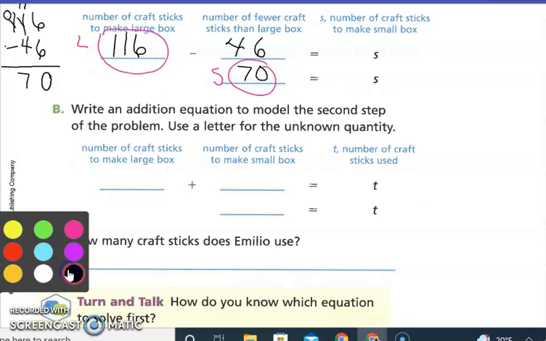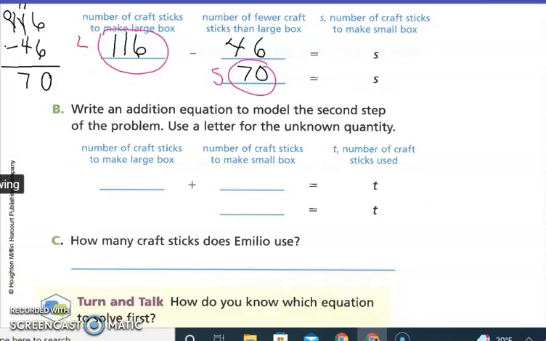So we're going to take our large box, which was 116, and we're going to add our small box, and together that will be T for our total number of craft sticks.